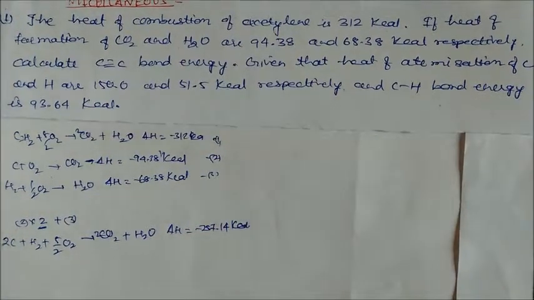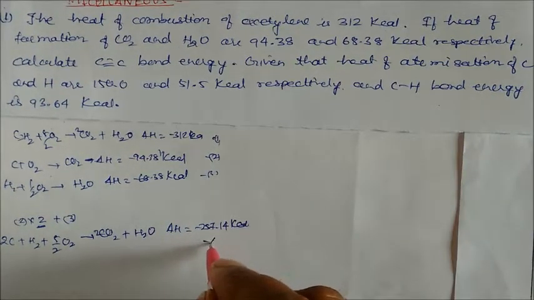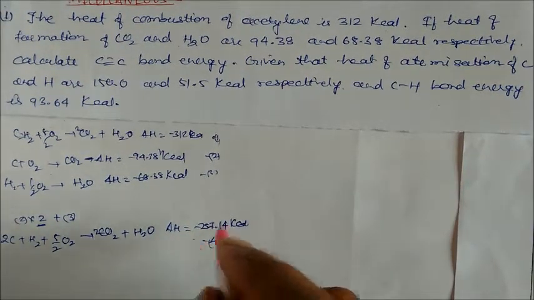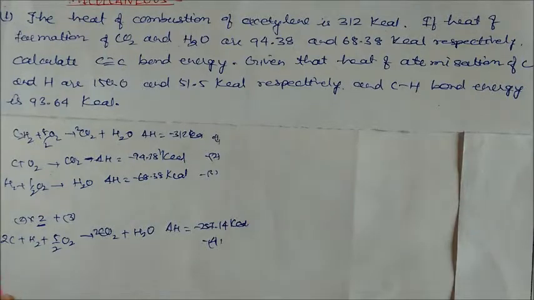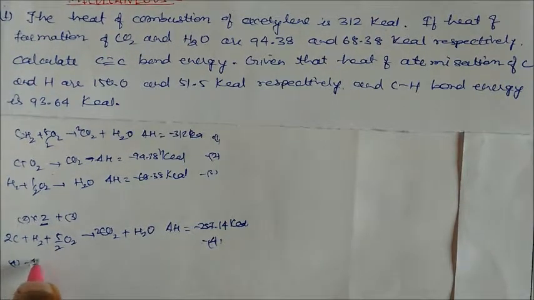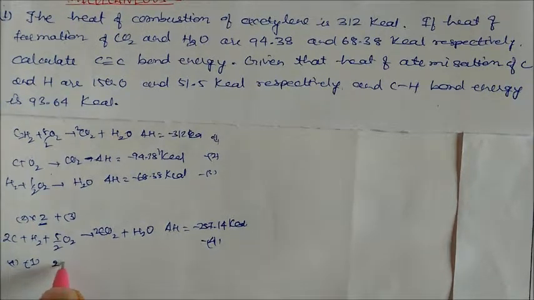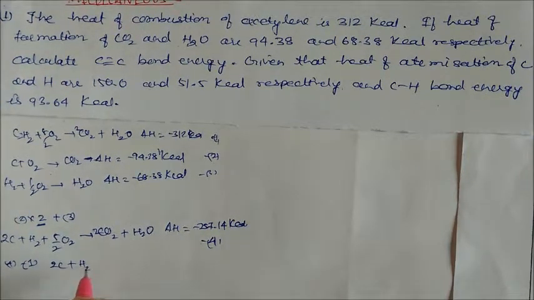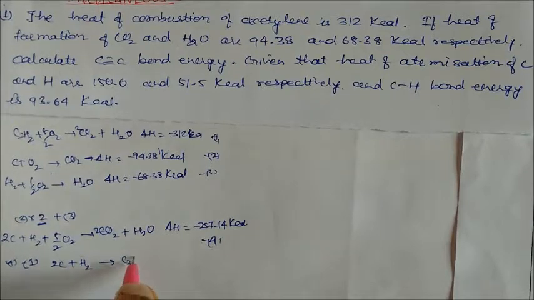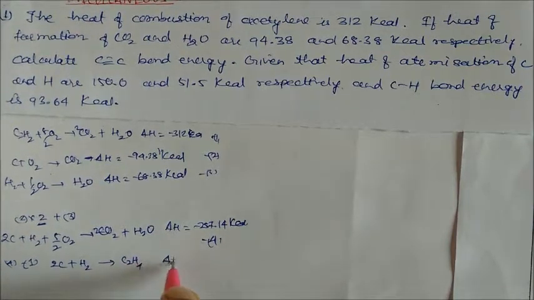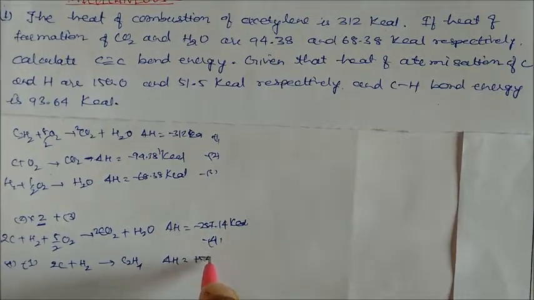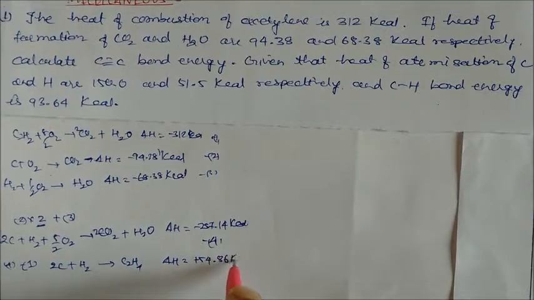This is our equation number 4, and then you subtract equation number 1 from it. Then, equation 4 minus 1, we get 2 carbon plus hydrogen giving C2H2, and for this delta H is plus 54.86 kilocalorie.